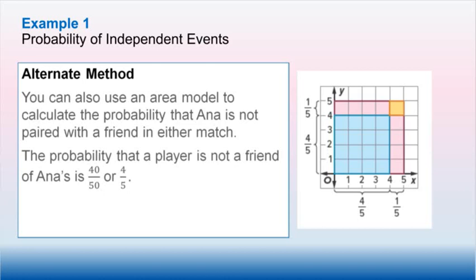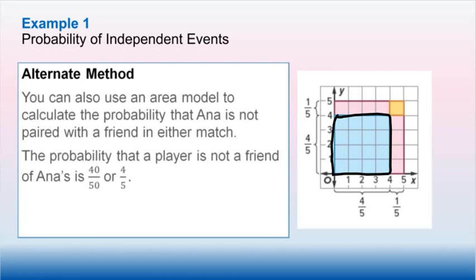Actually, for this one you could also use an alternative method. You could draw it out. You could use an area model to calculate the probability that Anna is not paired with a friend in either match. The probability that a player is not a friend of Anna's is 40 out of 50, which is still 4/5. So 4/5 times 4/5, you're just looking at this piece right here.